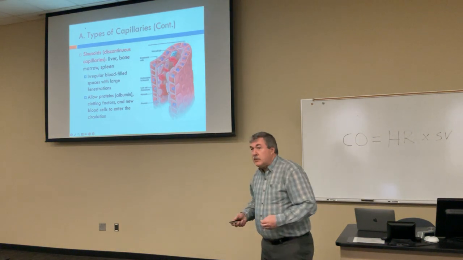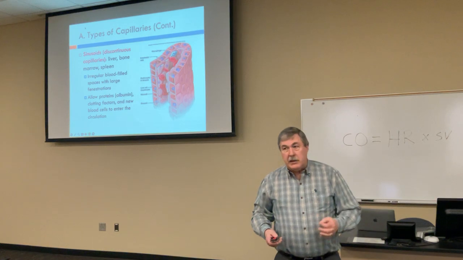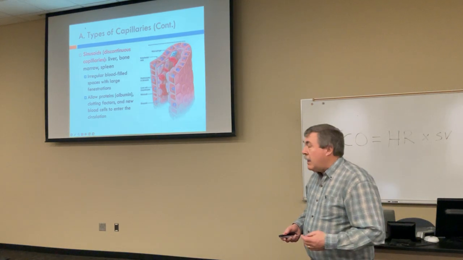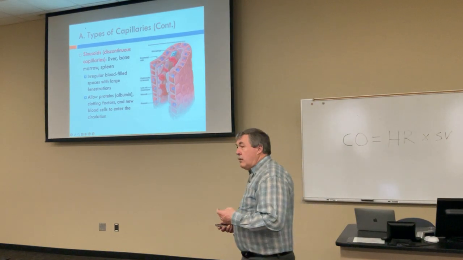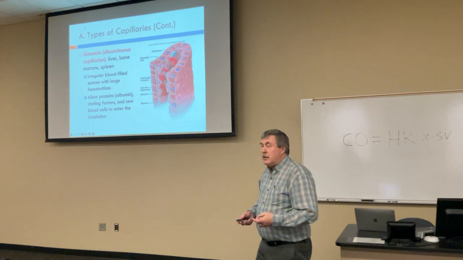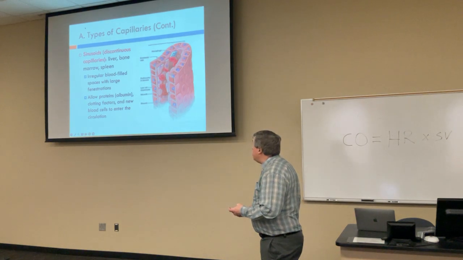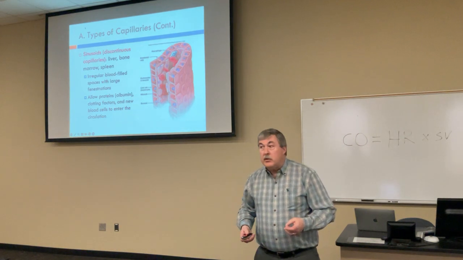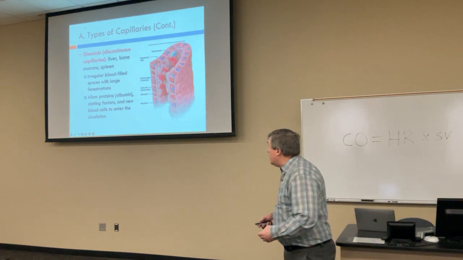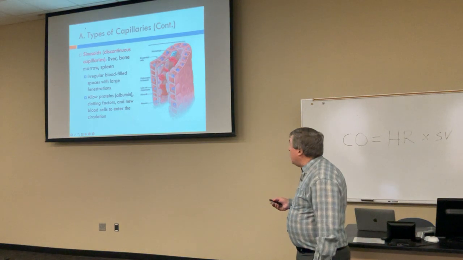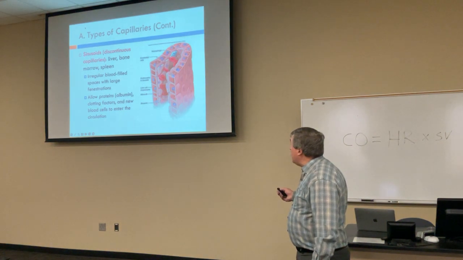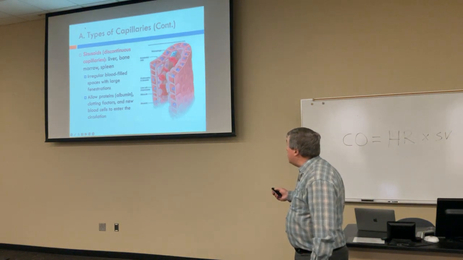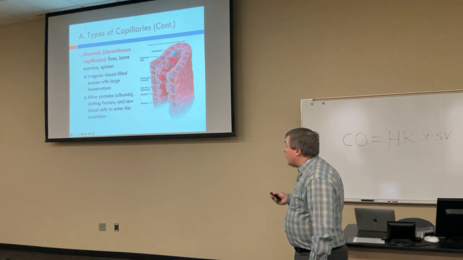Sinusoids are found mainly in the liver and also in red bone marrow. The sinusoids in the red bone marrow are where new blood cells are produced. And in the liver there are sheets of cells. They're called hepatic.